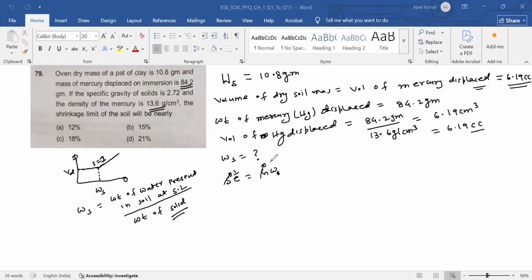G is also given, that is 2.72. The only thing we have to calculate is the void ratio E. So void ratio E is equal to volume of void upon volume of solid. And volume of solid, do we know volume of solid?